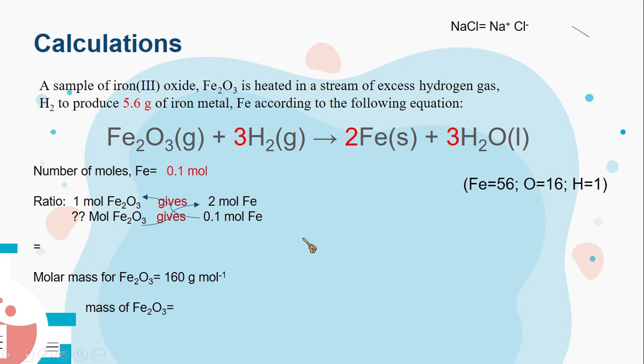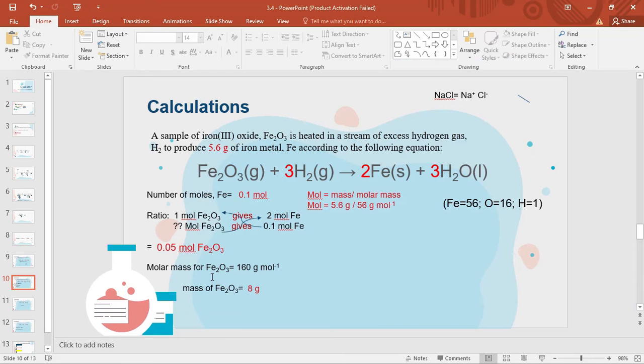So when you do cross multiplication, you will get 0.05 iron(III) oxide. Can? Okay, so remember, after you got the 0.05 mole iron(III) oxide, which is the number of mole, we can get the mass by using the formula.